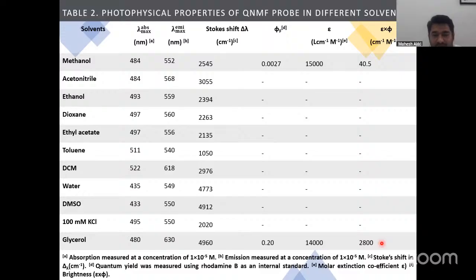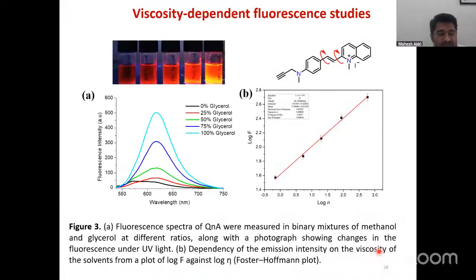This might be attributed to viscosity: methanol is the least viscous and glycerol is a highly viscous solvent. The increase in viscosity restricts the rotation of the carbon-carbon bond around the aromatic units, which leads to an increase in emission. In support of this, we have carried out viscosity-dependent fluorescence studies to understand the restricted intramolecular rotation of the compound.